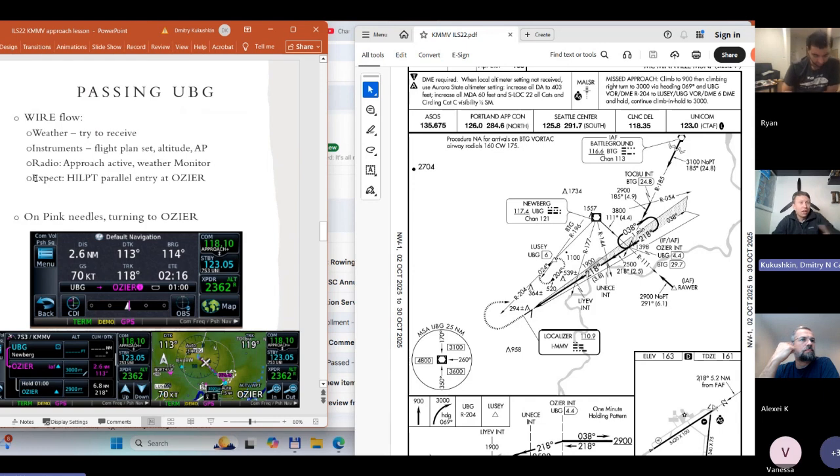See, this is already a good example where running the wire, you're asking yourself, while you're still flying from Newburgh to Auger on the map, what do you expect? And your brain immediately says, I have to do hold in lieu of procedure turn. What kind of entry? Parallel, probably. Then you look at the map, and sure enough, it matches your expectations.